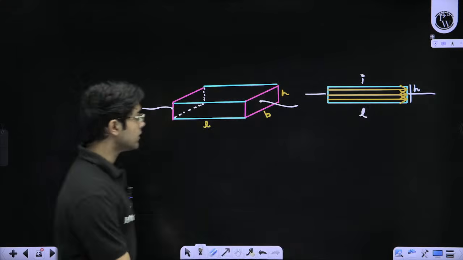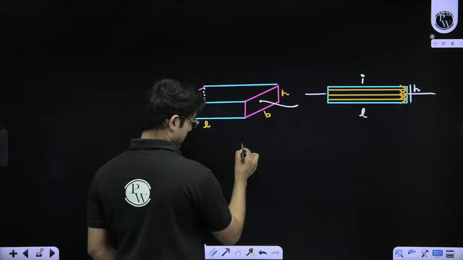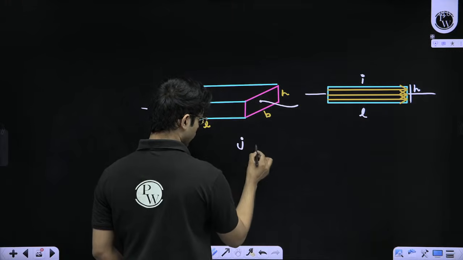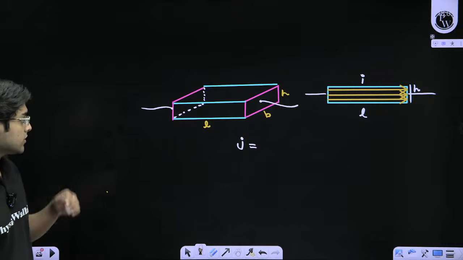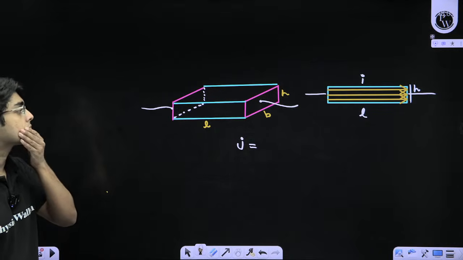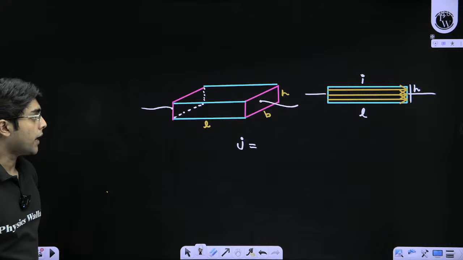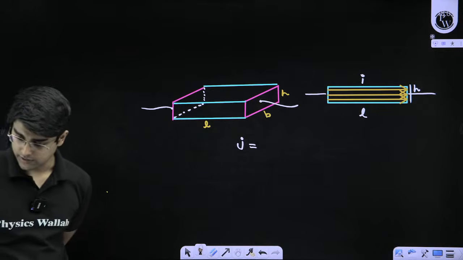So in this case, what will be the magnitude of current density? So try this out, guys. What will be the magnitude of current density?